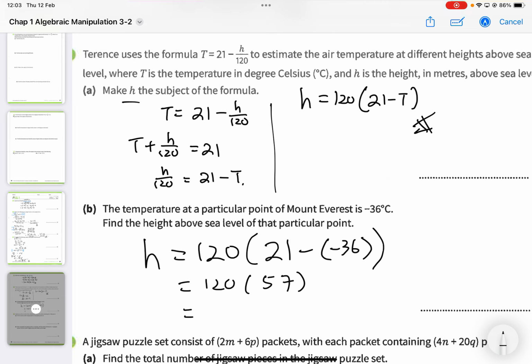I'm trying to use my mental sum, but my mental sum is failing me. How do you all get 6840?